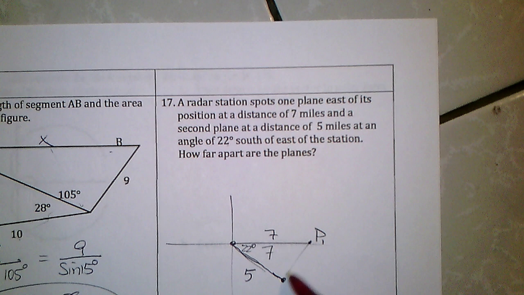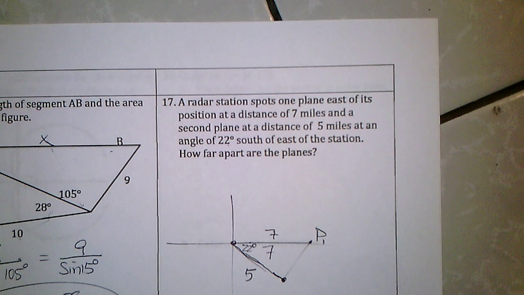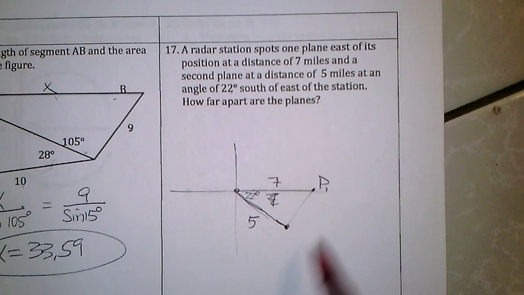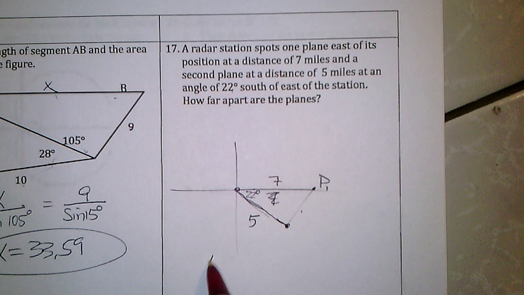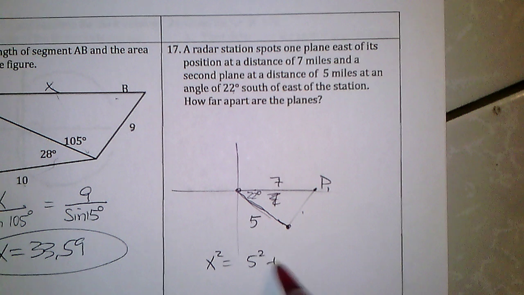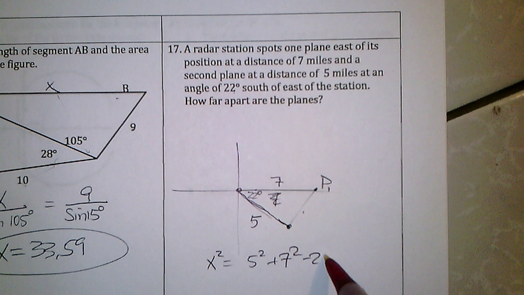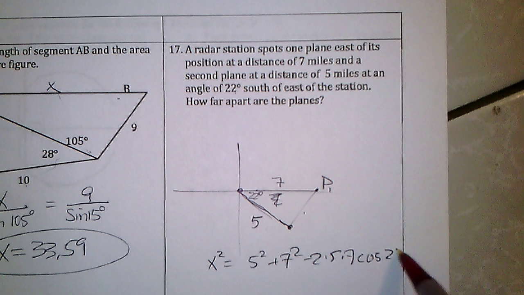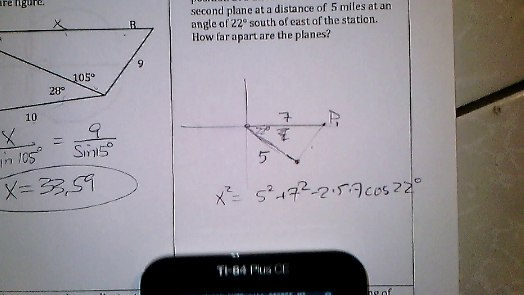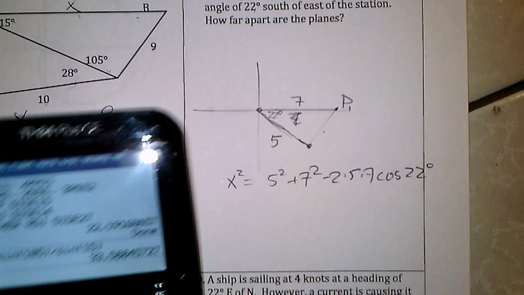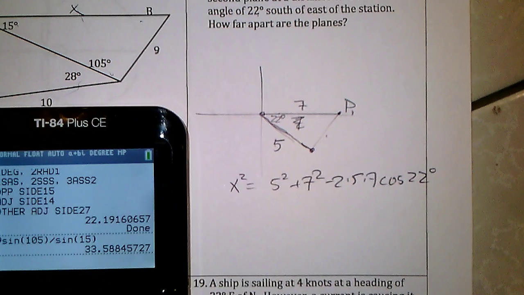And how far are they apart? Side angle side. So to get that, we do x squared equals 5 squared plus 7 squared minus 2 times 5 times 7 cosine 22. Or we could add them up as vectors, but that looks like that would be the easiest.